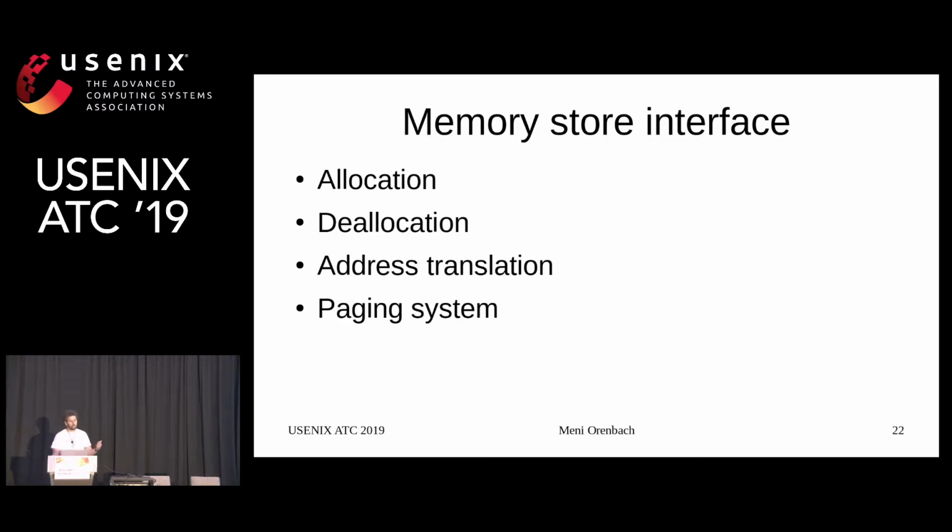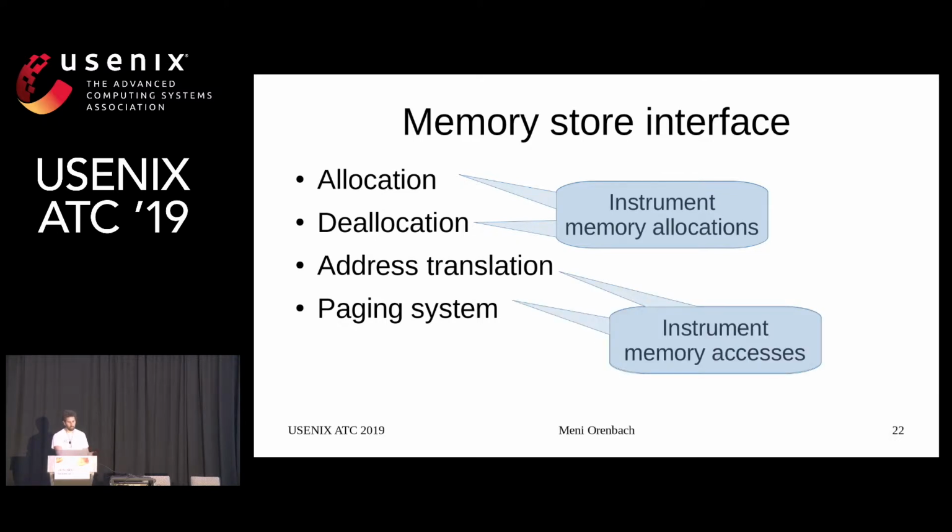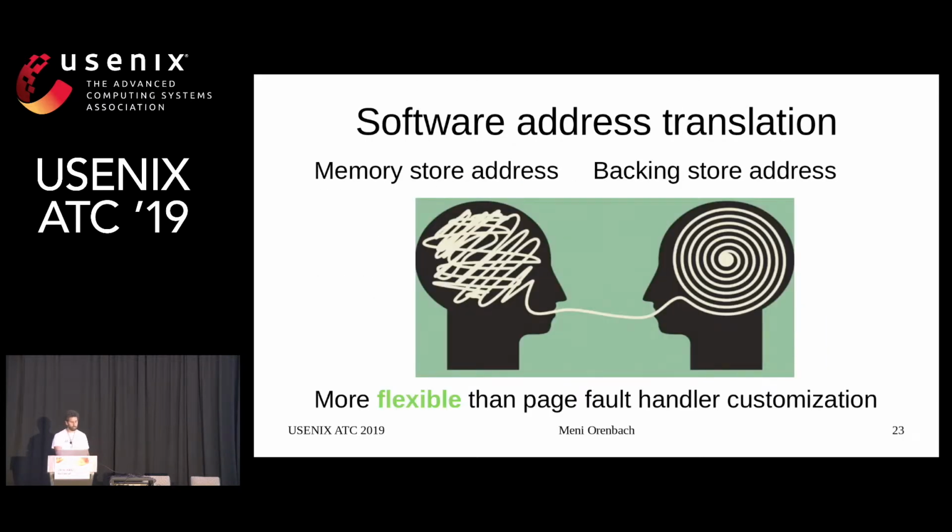So the basic interface for memory stores, or to support virtual memory, is to support allocation and deallocation, which means we need to instrument and provide callbacks for memory allocations. And the second part is to provide address translation and a paging system, which means we need to instrument and provide callbacks for memory accesses. Let's focus on address translation.